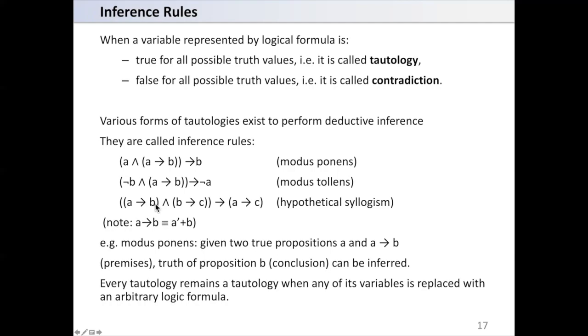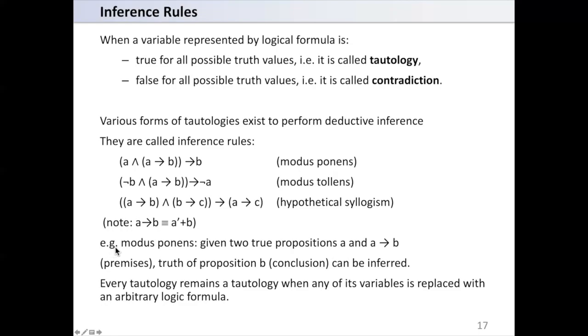A implication B and B implication C, implication A implication C. This is hypothetical syllogism. You note that A implication B is equivalent to A complement or B.